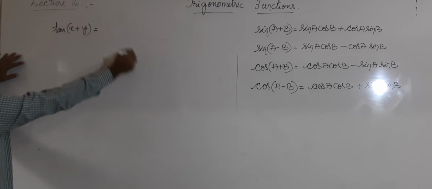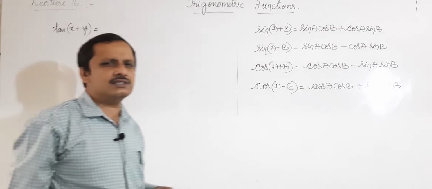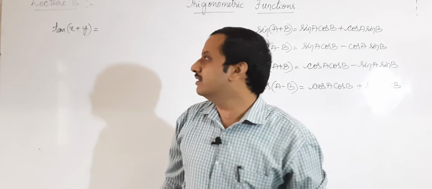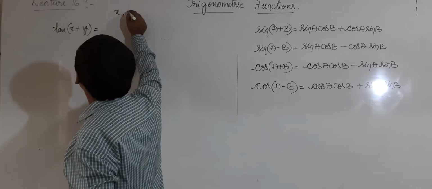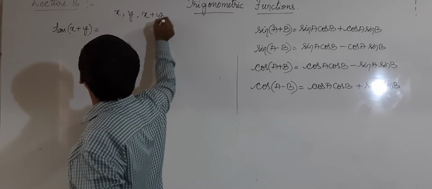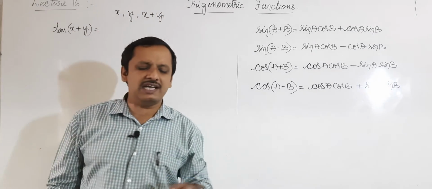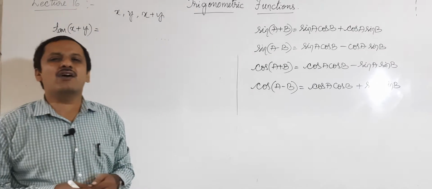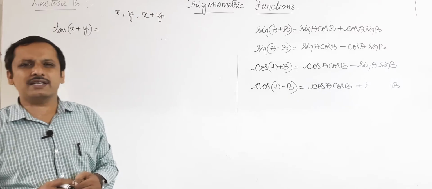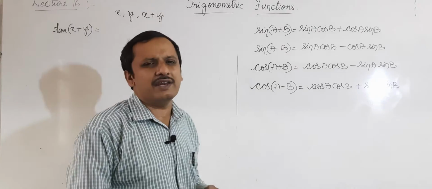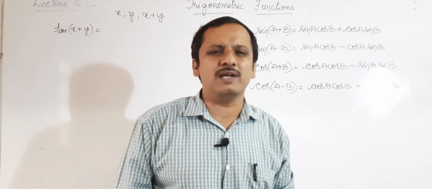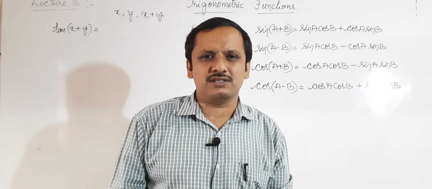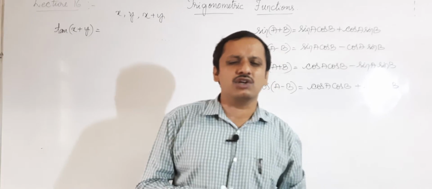Okay, here this x and y should not be odd multiples of pi by 2. X, y and x plus y, these 3 should not be odd multiples of pi by 2, because if any one of those is an odd multiple of pi by 2, then tan does not exist, because you know tan 90 degree is not defined.